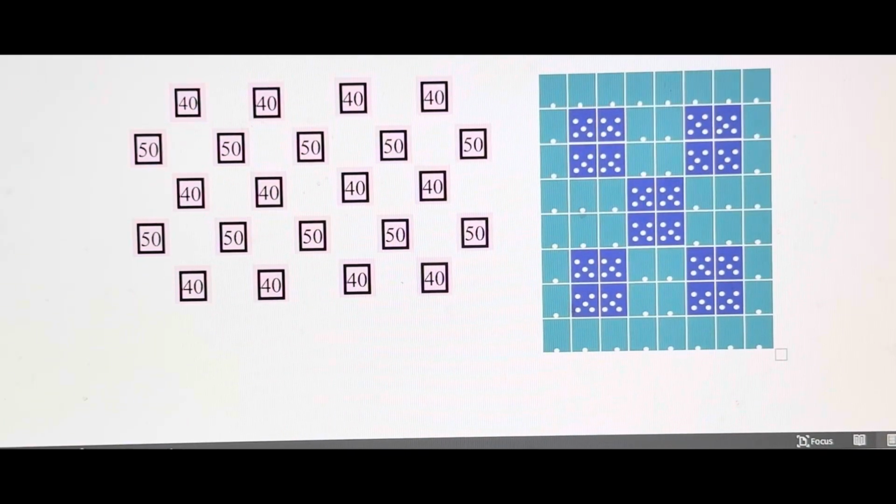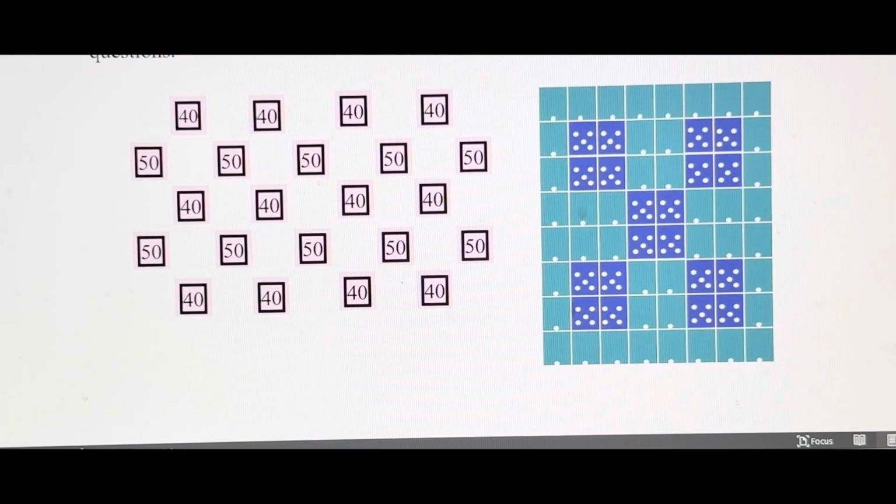So let us see the first figure. First you see which numbers are there in this first figure. You can see there are 40 and 50, only two types of numbers. So first we count how many 40s are there. 1, 2, 3, 4, 5, 6, 7, 8, 9, 10, 11, 12.